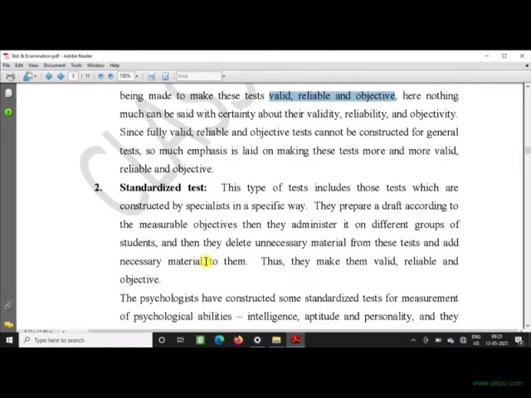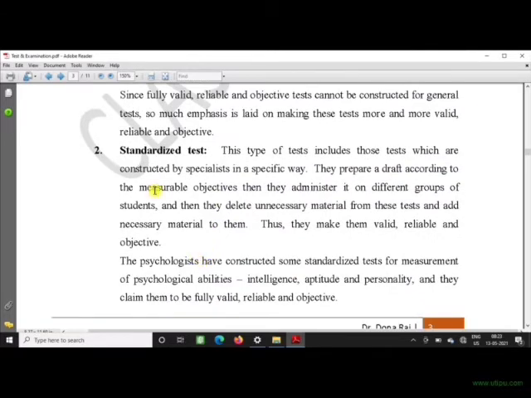So next we have standardized tests. These are constructed by psychologists, by very much professionals. And here, there are different steps to create standardized tests. First, they prepare a draft according to the measurable objectives, according to the norms set.